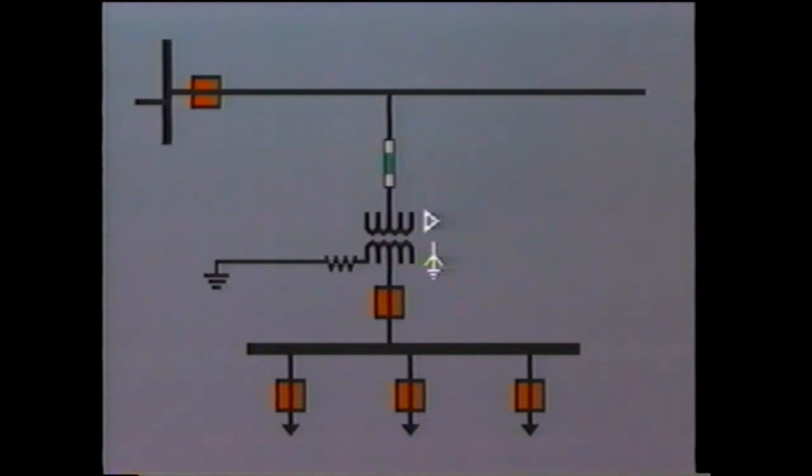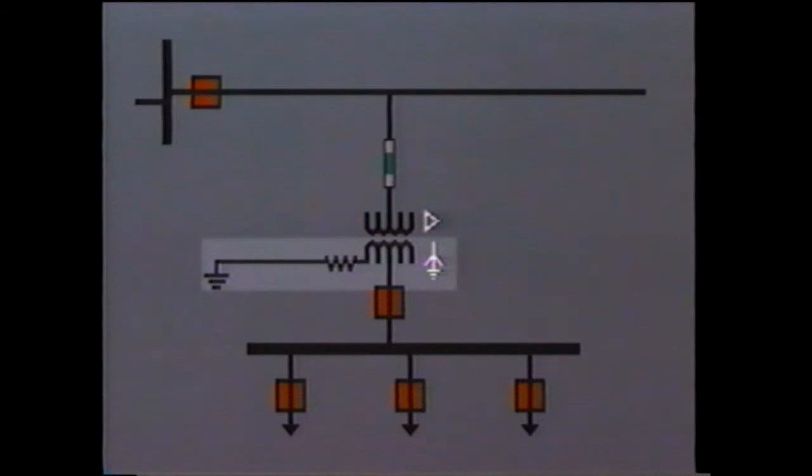The secondary side of the transformer feeds through a breaker into the substation bus, from which various feeders are tapped off. The secondary side of the transformer is Y-connected and grounded through a resistor. Let's now look at the three-phase diagram and see how the ground differential relay is connected.